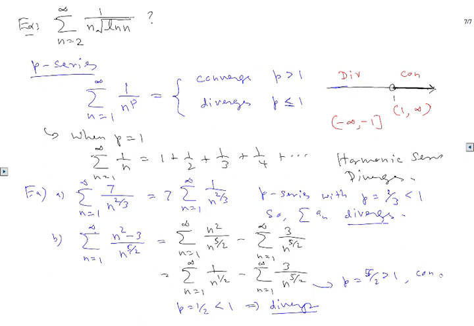So therefore sigma n going from 1 to infinity of (n squared minus 3) over n to the 5/2 diverges, because the difference has to diverge, since the convergent one has a finite answer.